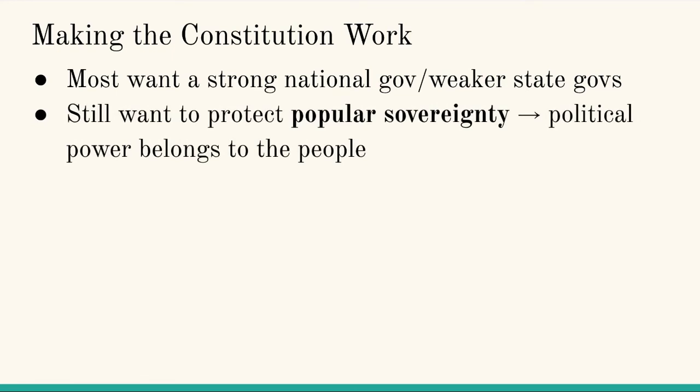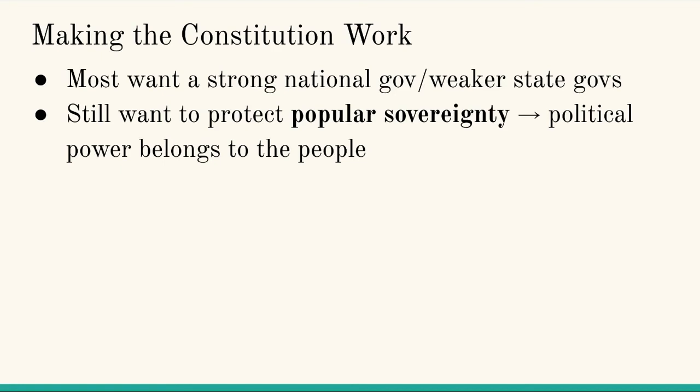Regardless of which side of that argument you're on, you still want to protect your state's popular sovereignty. Sovereignty is something we've talked about before, where it's kind of like authority of a group of people. Popular sovereignty is very close to that. It's still talking about authority, but it's talking about kind of the majority. What's the majority of the decision on certain issues? Popular sovereignty is this idea, again, that political power belongs to the people instead of just the government.